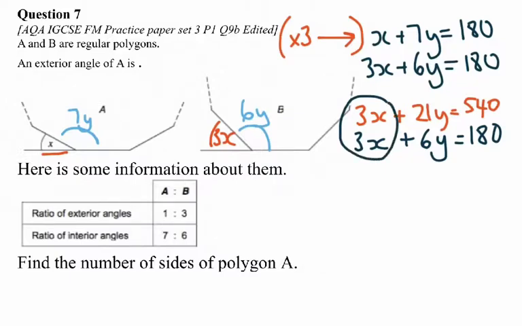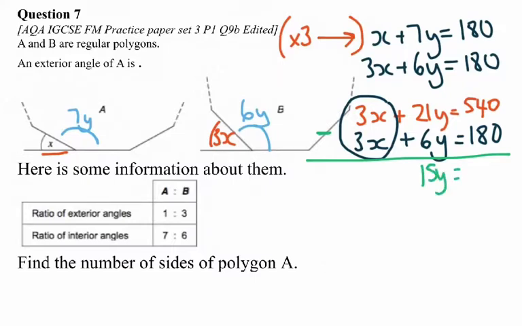So what I'm actually looking at now is, what's the only thing that's different between these two equations? Well, the answer is the number of y's. So what I'm going to do is take away these two equations. If I take these two equations away, my x's are eliminated because 3x take away 3x is 0. 21y take away 6y is 15y.